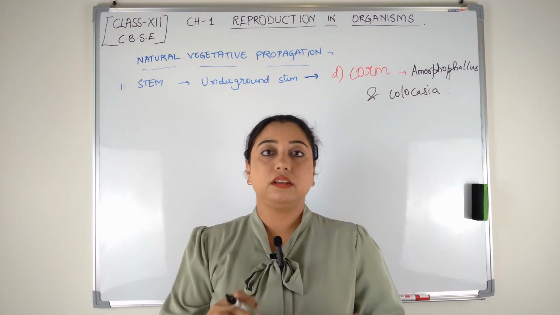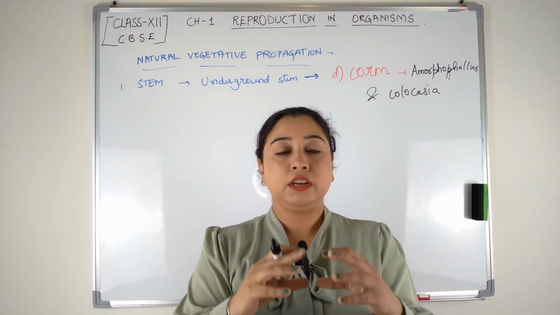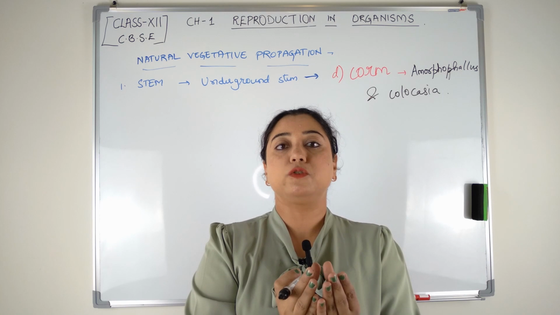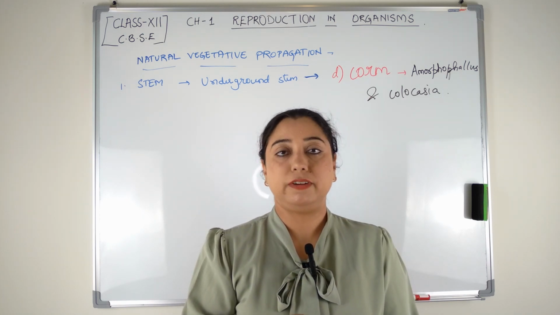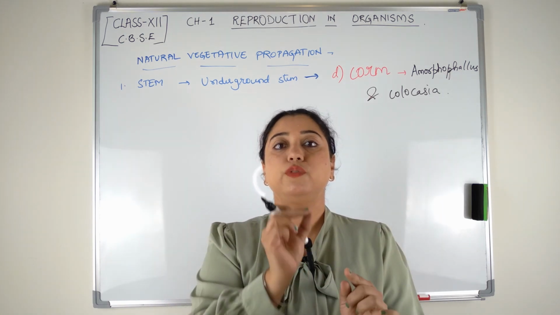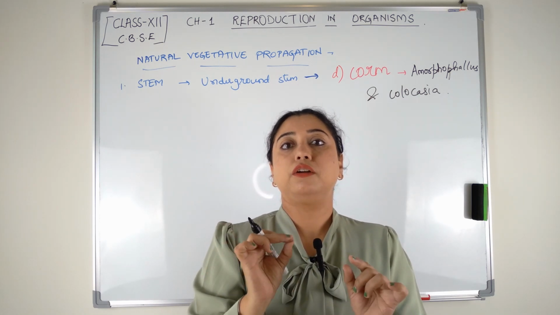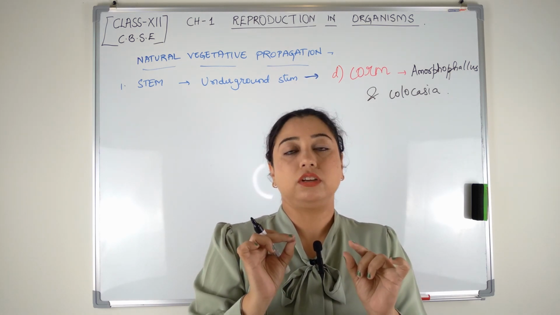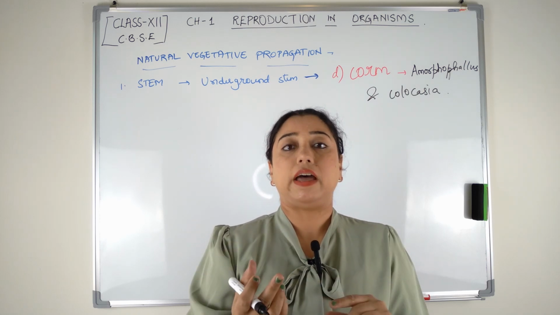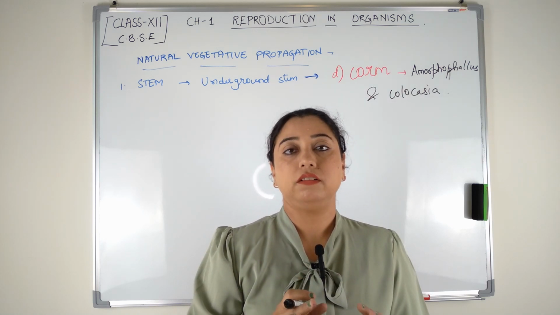So corm is basically a swollen underground stem which grows perpendicular to the soil surface. All over the surface of the corm there are present distinct nodes and internodes. They enclose axillary bud which gives rise to a new plant when buried into the soil.